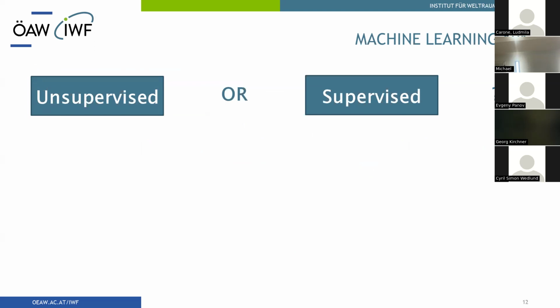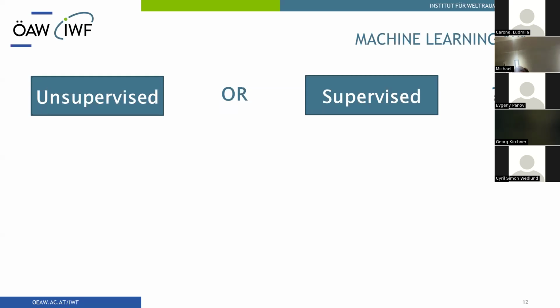Today I won't talk about any specific machine learning model. If you happen to not have ever heard about machine learning, I just want you to have a rough idea about the challenges we face and what we need to work on. So in machine learning, very roughly speaking, we differentiate between supervised and unsupervised methods.